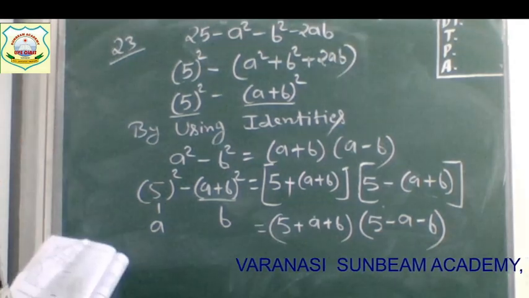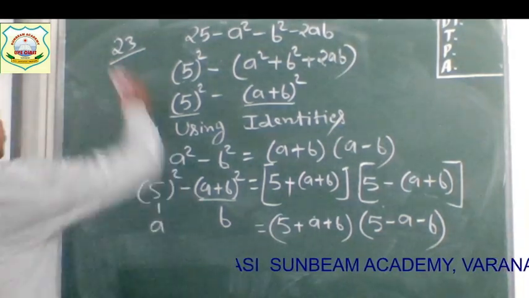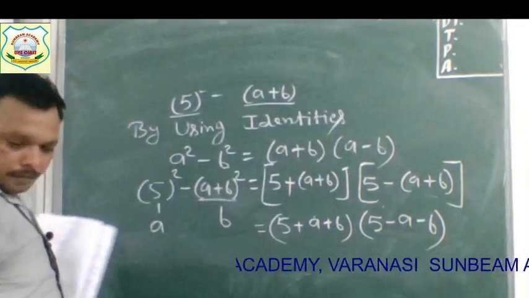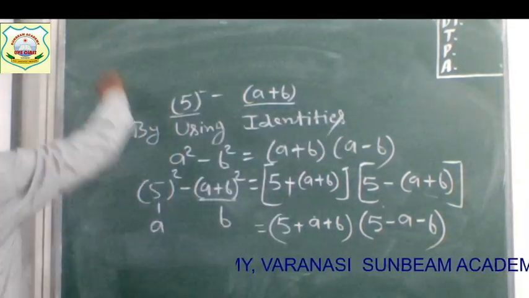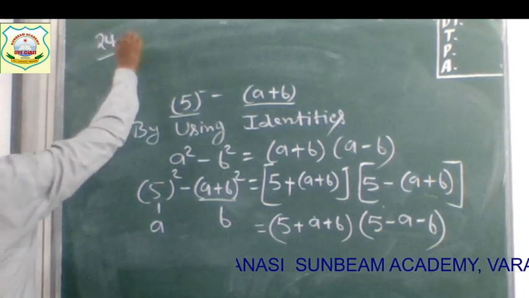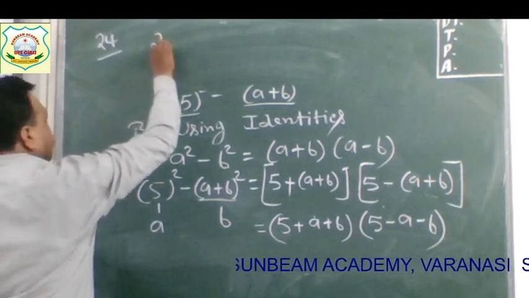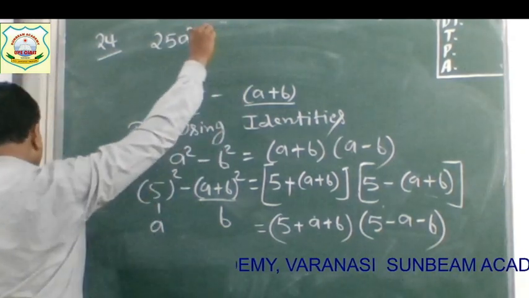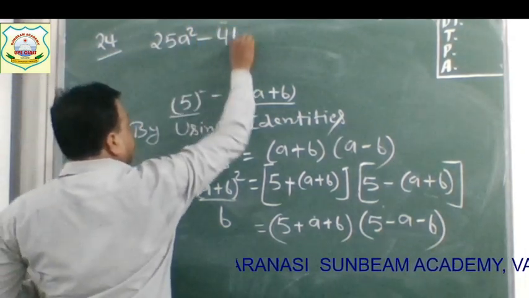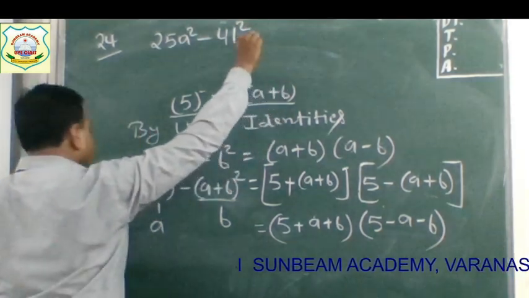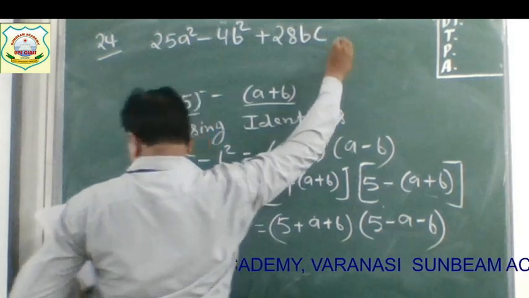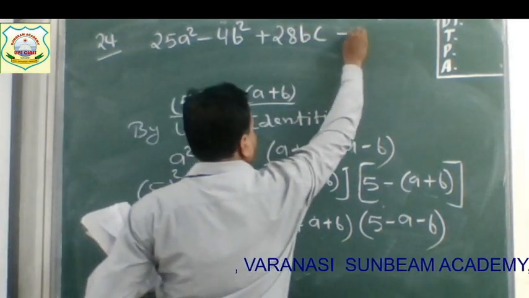Now question number 24, students. 24 is given: 25a square minus 4b square plus 28bc minus 49c square.